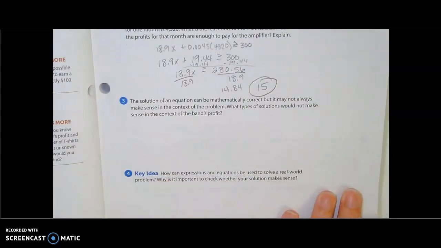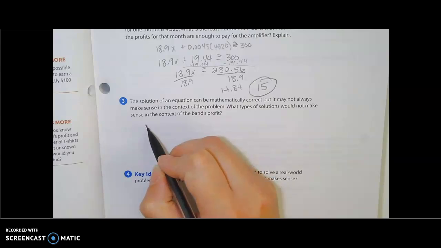All right, moving on to question 3. The solution of the equation can be mathematically correct, but it may also not always make sense in the context of the problem. What types of solutions would not make sense in the context of the band's profits? So what would be things that don't make sense?